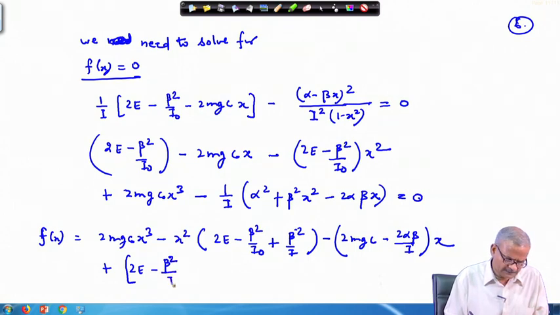Beta square divided by I 0 minus alpha square divided by I.